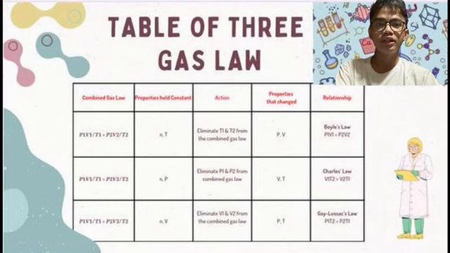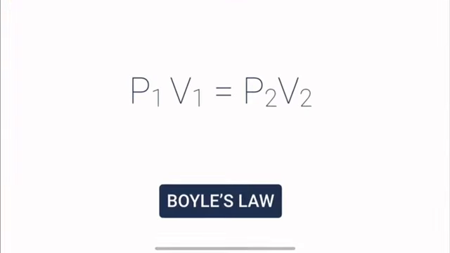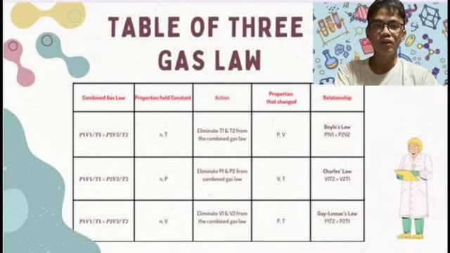This table presents the summary of the three different gas laws: Boyle's law, Charles' law, and Gay-Lussac's law. It will teach us how we derive them from the combined gas law. In the first column, we can see that all of those were derived from the combined gas law. The second column shows the property held constant, where we assume that certain properties will be constant.